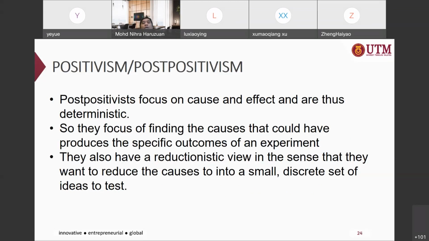They also have a very reductionist view, in the sense that they want to reduce the problem into a small, discrete set of ideas to test. You need very testable ideas to test. So this is positivism.